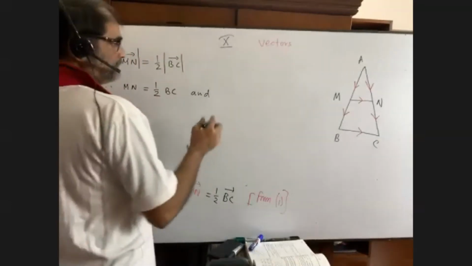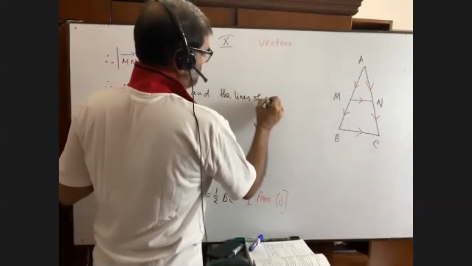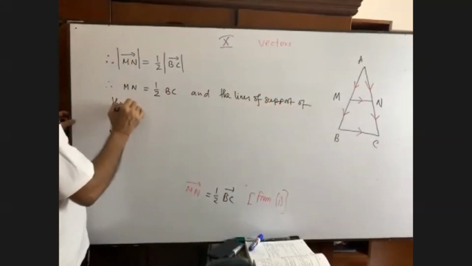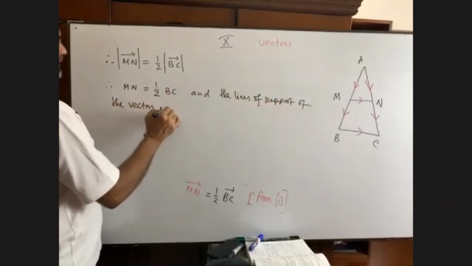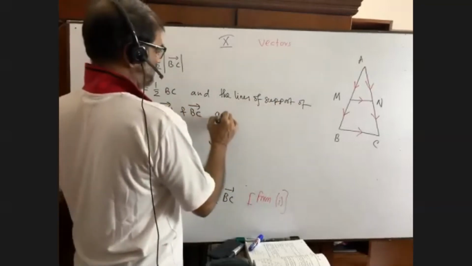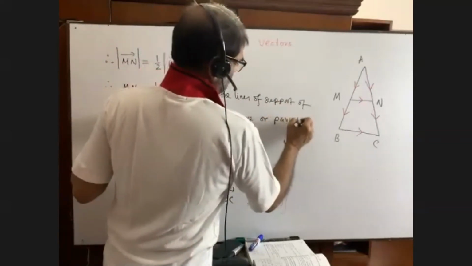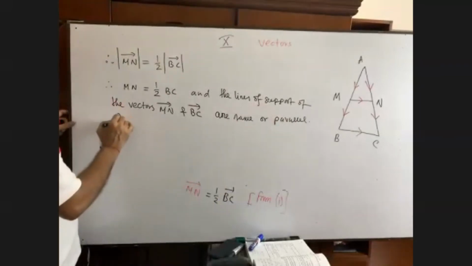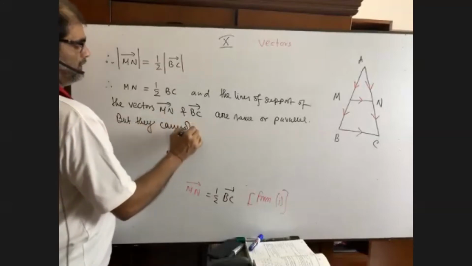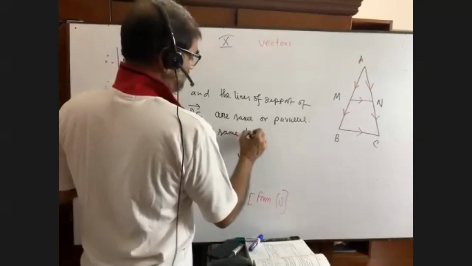And the lines of support of the vectors Mn and Bc are same or parallel, but they cannot be same here.